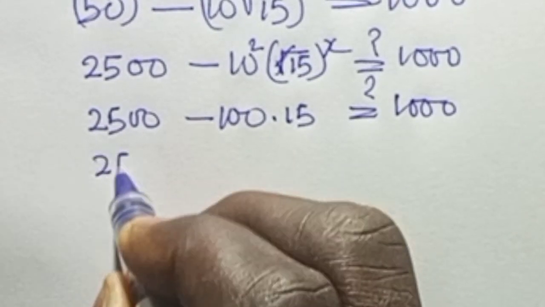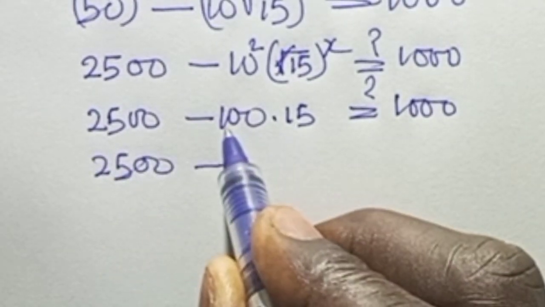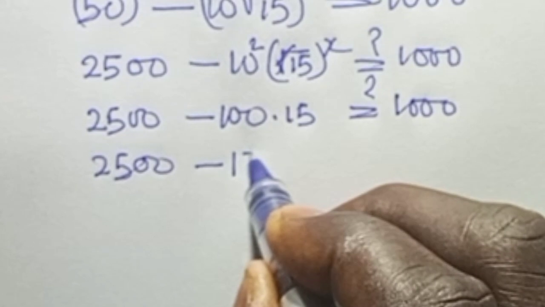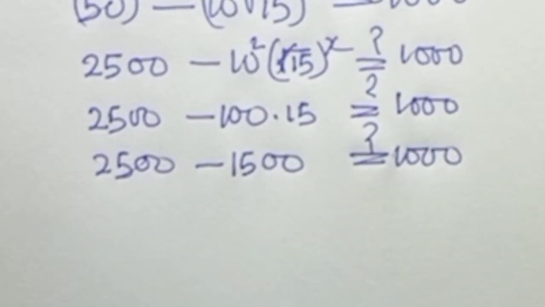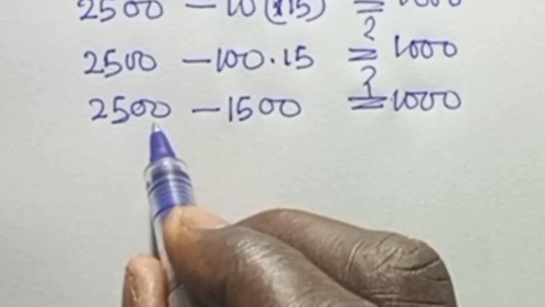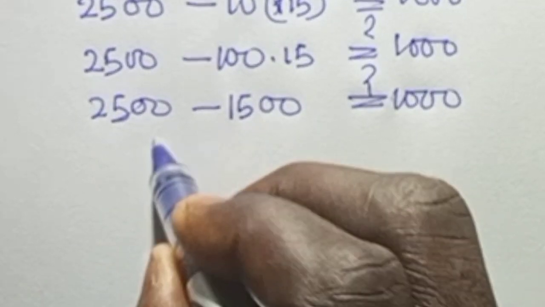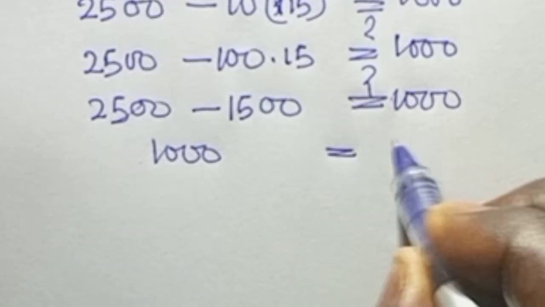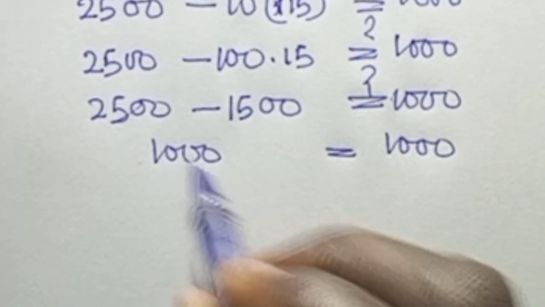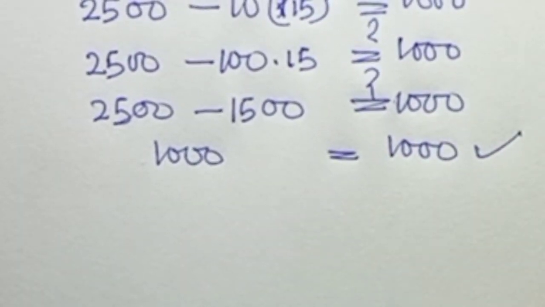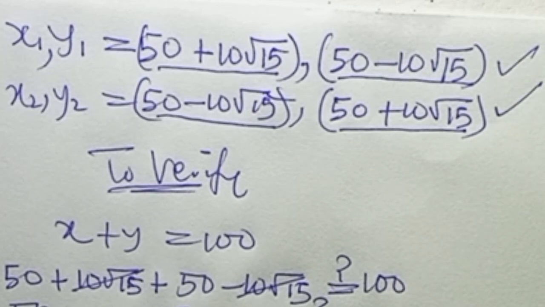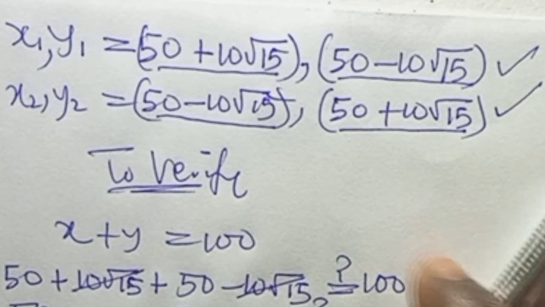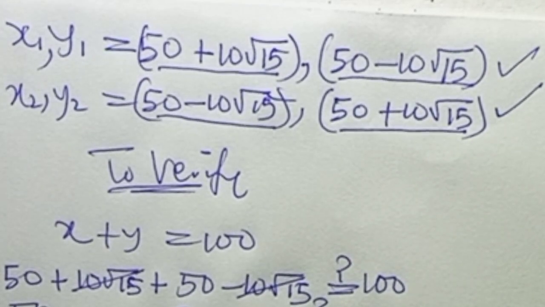Here, 2500 minus 100 times 15, that is 1500. It is equal to 1000. And obviously 2500 minus 1500 to be left with 1000 is definitely equal to 1000. That means that our values for x and y satisfy the equation. Thank you for staying to the end. Bye bye.